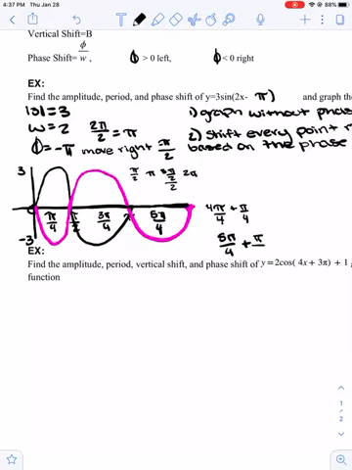And then 5 pi over 4 plus pi over 4 equals 6 pi over 4. And so that pink line is our final graph.